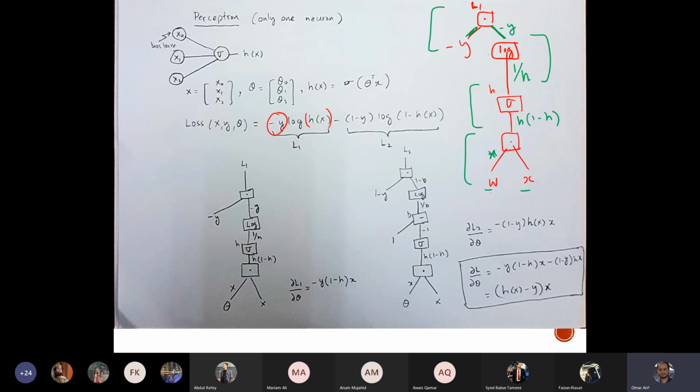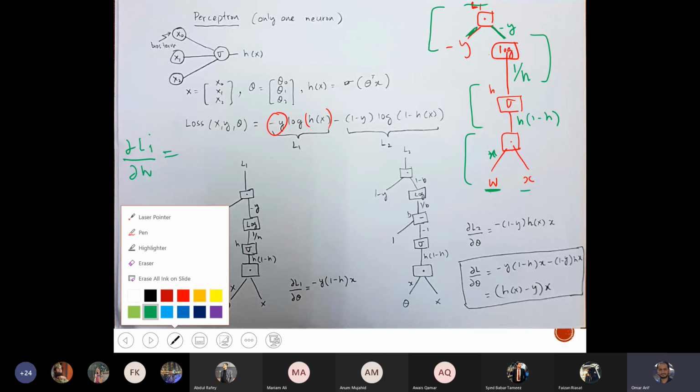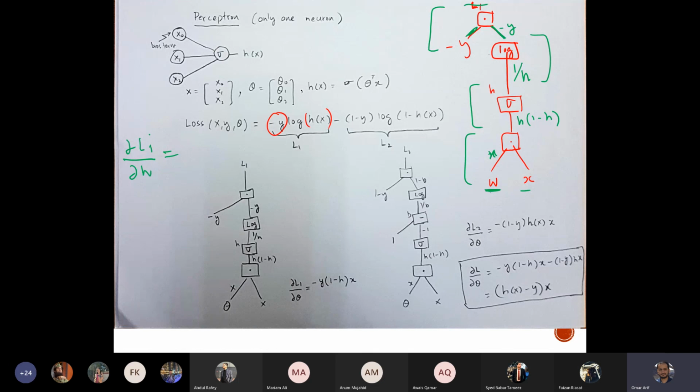So now I have written the derivatives on all the edges. Now to compute the derivative of L1 with respect to W, so this is L1, this is W, I simply have to multiply all the derivatives along this path which connects L1 to W. So starting from the top, minus y times 1 over h times h times 1 minus h times x.